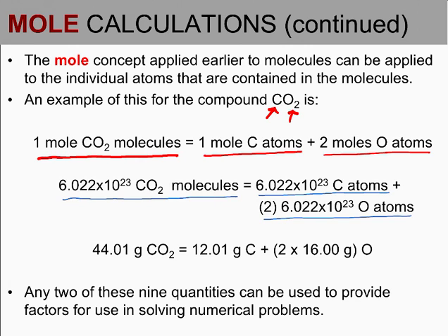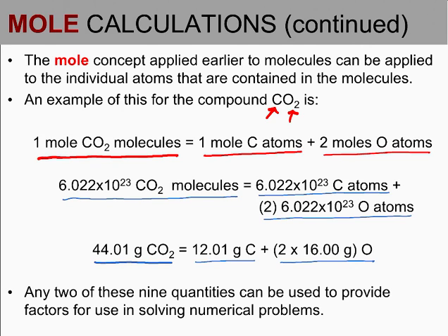And the same goes for mass. We can set an equality here, and the molar mass of carbon dioxide is 44.01 grams. And that's equal to the mass of carbon plus 2 times the mass of oxygen.